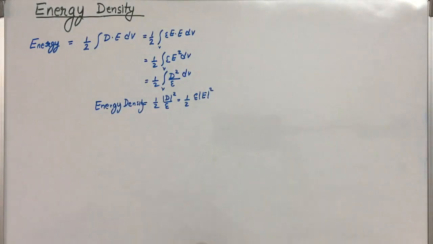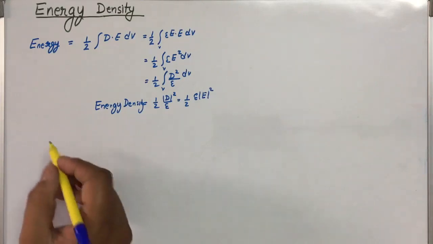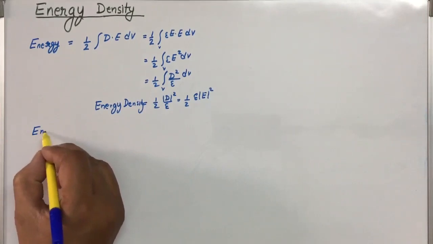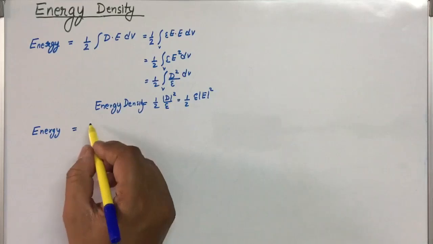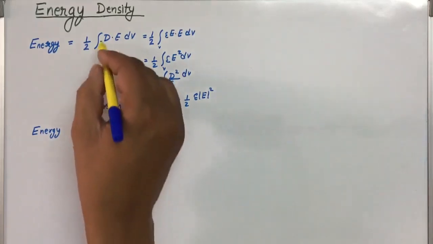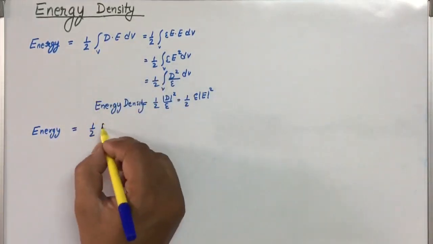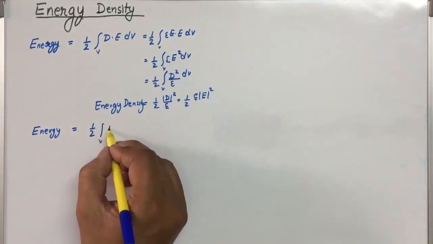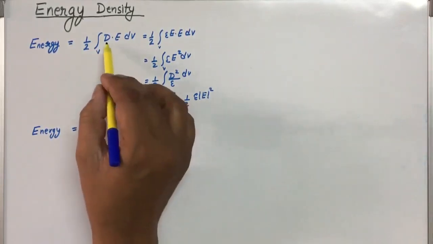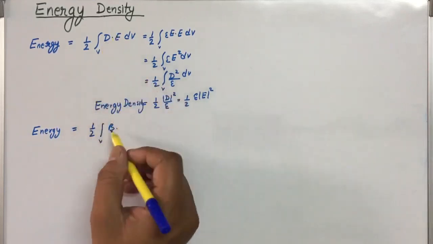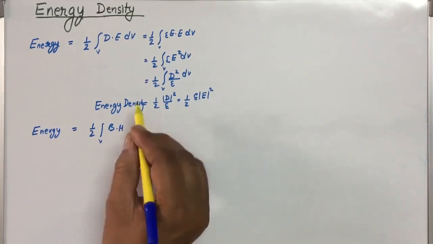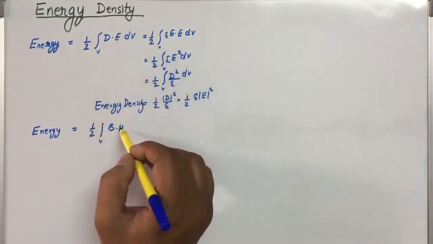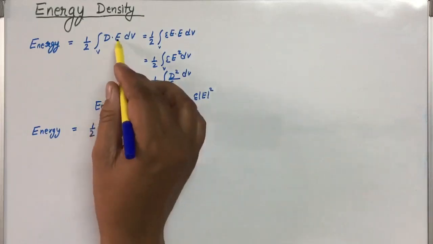Similarly, in the magnetic field, if we try to find the energy density, the energy in the magnetic field can be written similar to this, as it is written here: volume integral of magnetic flux density, as it was electric flux density, here it is magnetic flux density, with the dot product of magnetic field intensity, here it was electric field intensity.